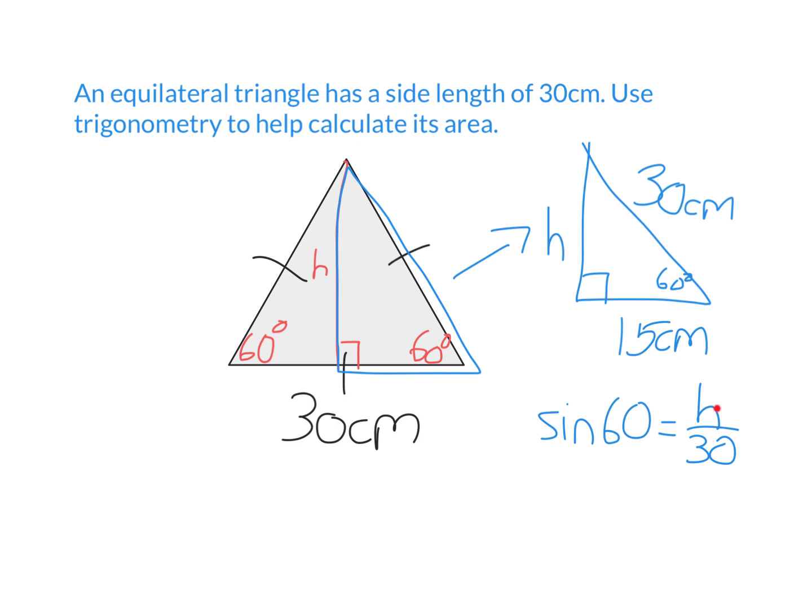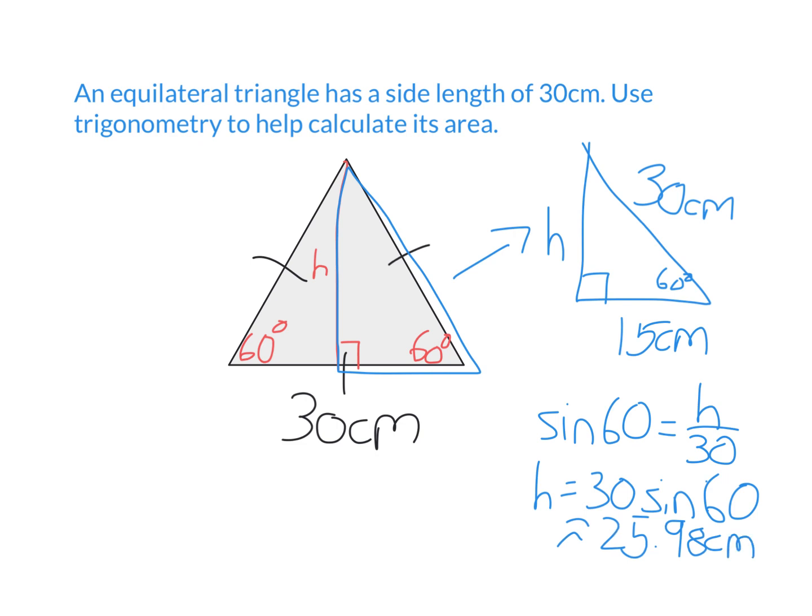The thing I want to find is on top, so I multiply. H is equal to 30 times sine 60. Note, I could also have used tan. I could have said tan 60 equals h over 15, and I would get exactly the same answer. Putting this on the calculator, we get h is about 25.98, obviously centimeters.